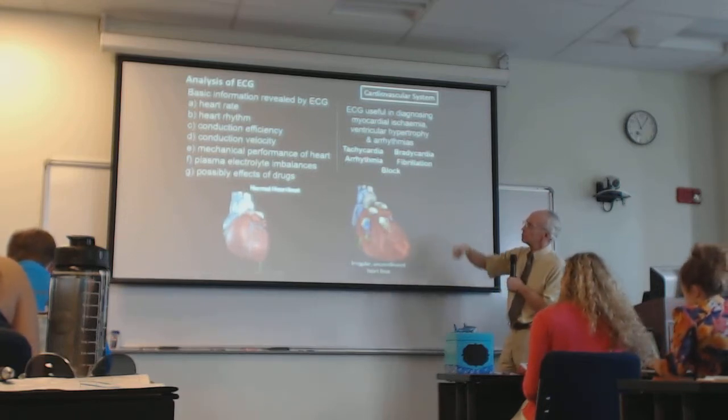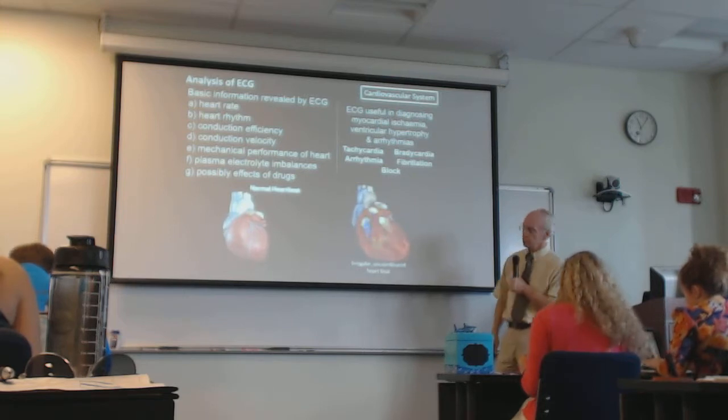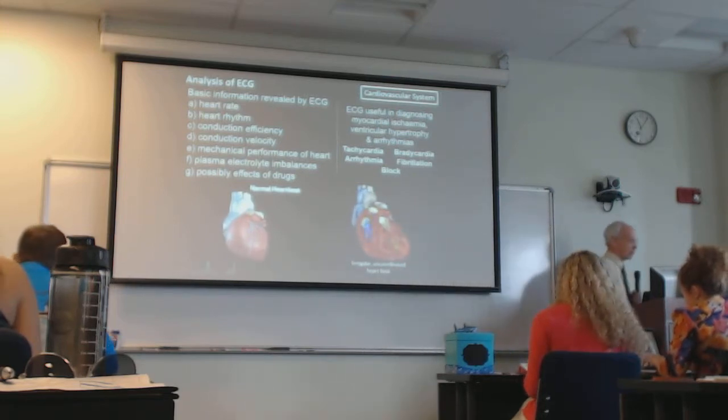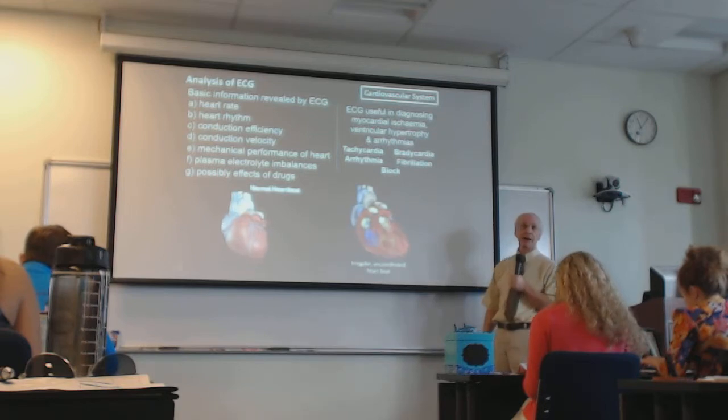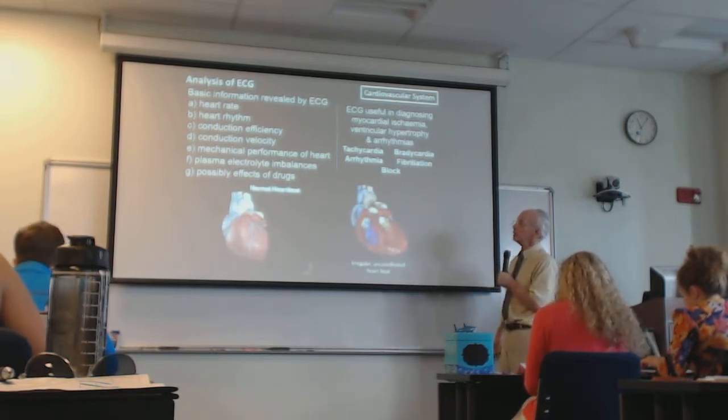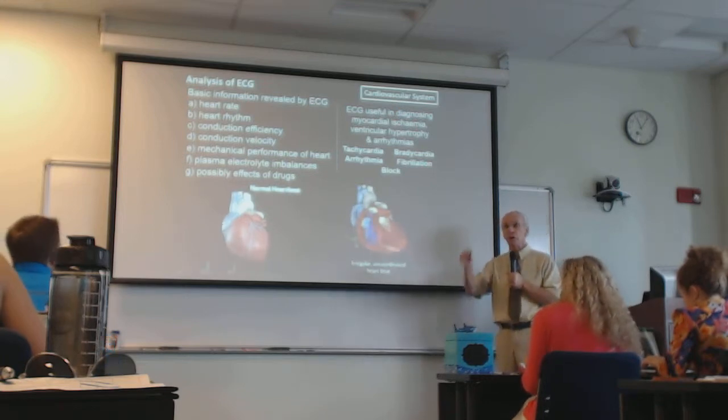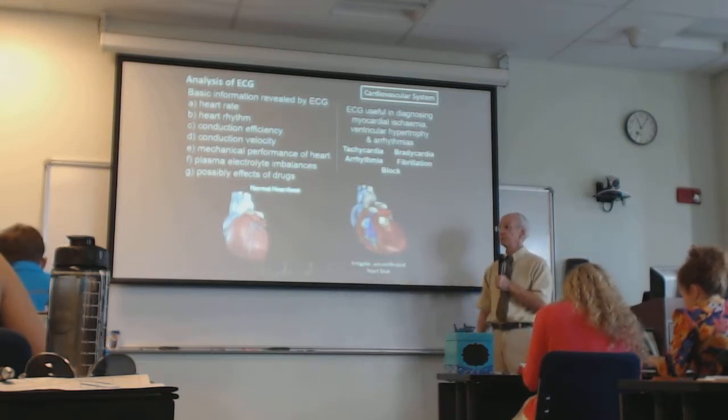An experienced individual can even make estimations about the mechanical performance of the heart. Perhaps if there is too little or too much potassium, we've already talked about, for example, how calcium levels, hypocalcemia, can influence the heart. So again, there may be a characteristic signature in the EKG.